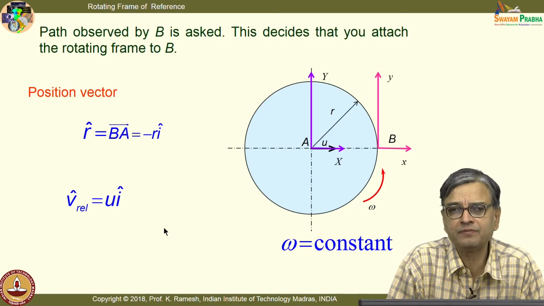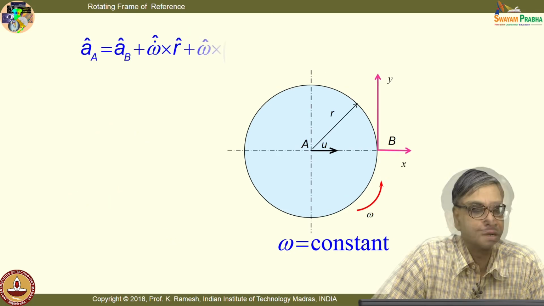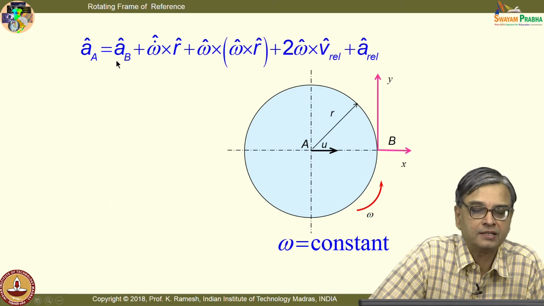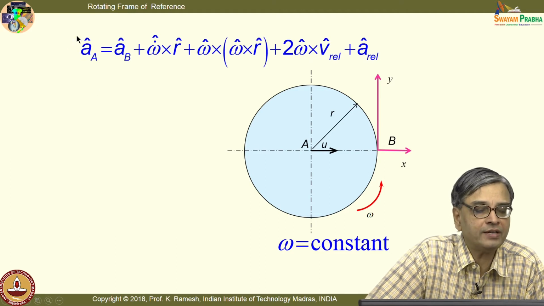An observer sitting in the rotating platform would observe a constant velocity u, and I have the standard expression for acceleration of point A, because he is going to observe the ball thrown at A, thrown by the boy at A, and it is also given in the problem statement.